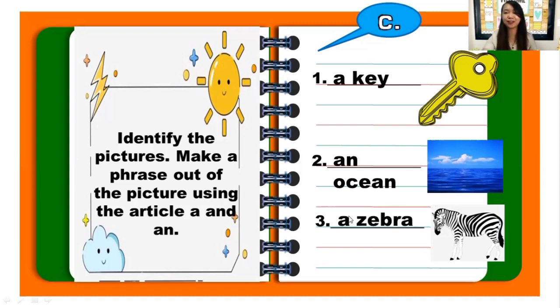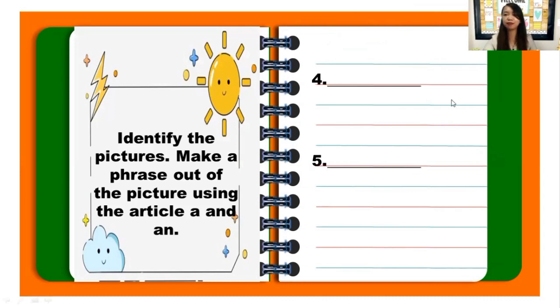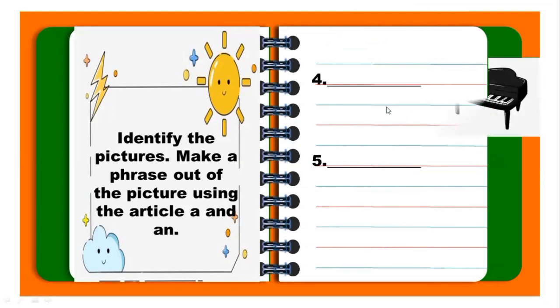We use the article a because Z is a consonant letter. And for number four, what do we call this picture? The answer is a piano. Again we use a because P in piano is a consonant letter.